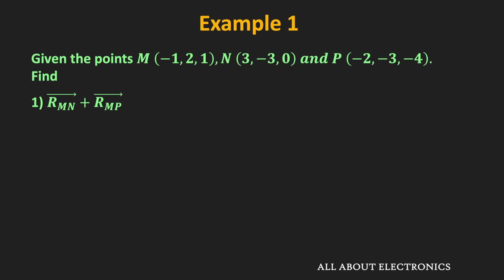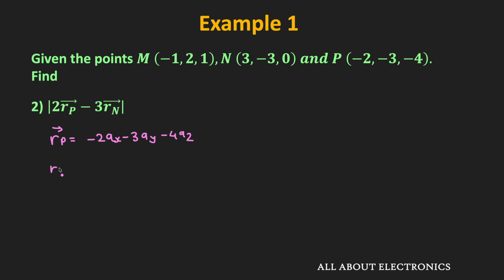Apart from that, we have also been asked to find the magnitude of 2rp minus 3rn. Let us find that. We know that rp is equal to minus 2ax minus 3ay minus 4az, and similarly rn is given as 3ax minus 3ay.